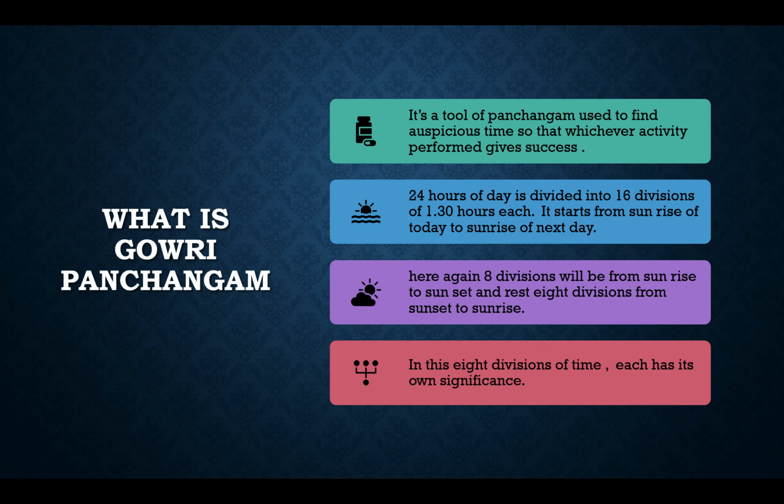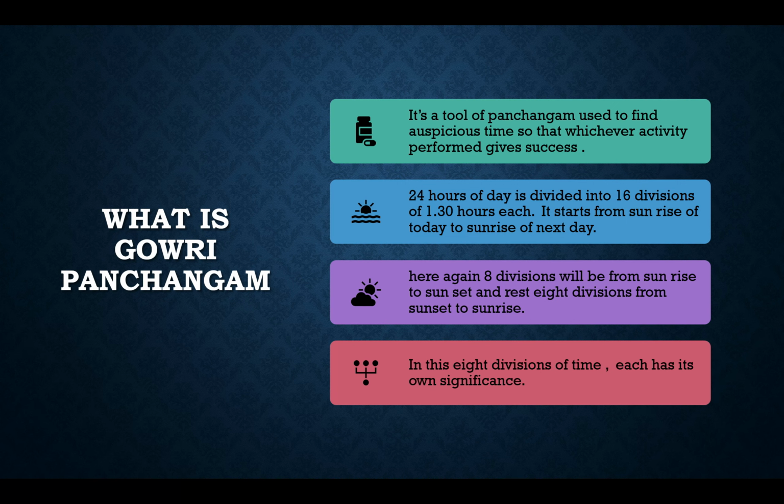Like I told, in Muhurtam we take the combination of Tithi, Vara, Yoga, Nakshatra, and Karana. So these five things we take, and if Panchakam is not coming, then we say that particular day is good for a Muhurtam.